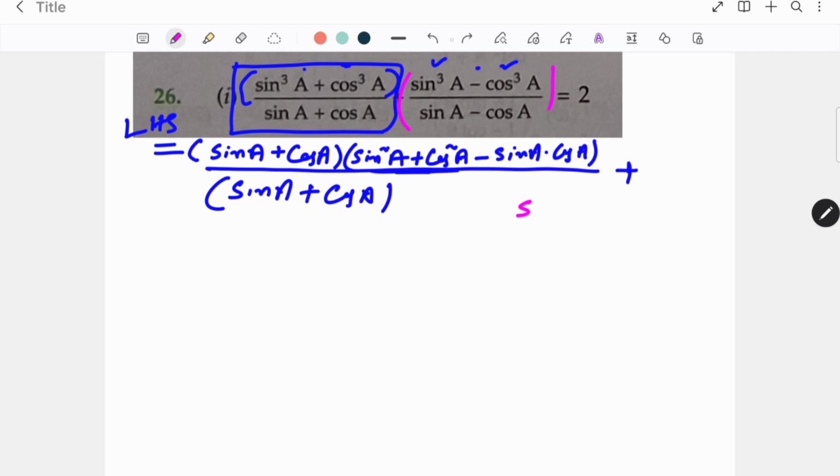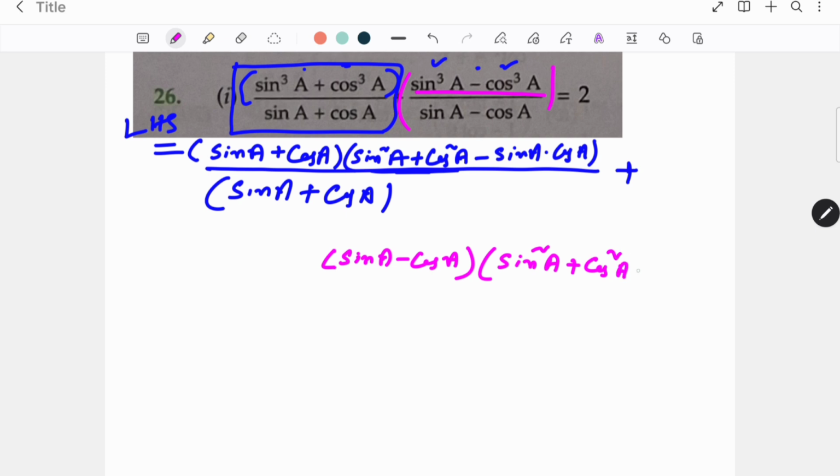Little down we write. So we'll have this one, a cube minus b cube. So the a cube minus b cube formula will be (a minus b) into (a square, meaning sin square a, plus b square).